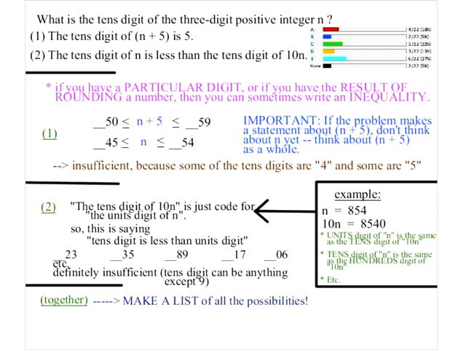There's everything. Those are the only possibilities. So all you do is just list them and then kill the ones that don't satisfy statement 2. Or better yet, just think of it as keep the ones that satisfy statement 2. Kill the ones that don't satisfy it. Keep the ones that do.